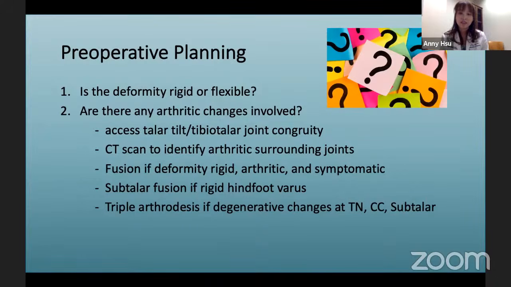If there are arthritic changes, the deformity is rigid, and the patient is symptomatic, then I would jump to an arthrodesis to address those arthritic joints. That could be either a subtalar fusion for subtalar arthritis, or a triple arthrodesis if you also have degenerative changes in the talonavicular joint and calcaneocuboid joint.